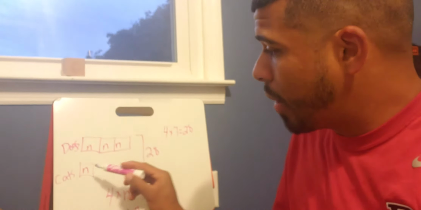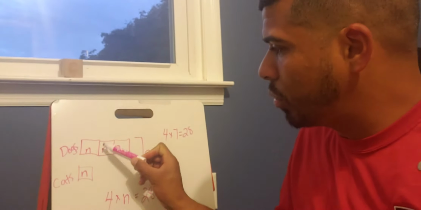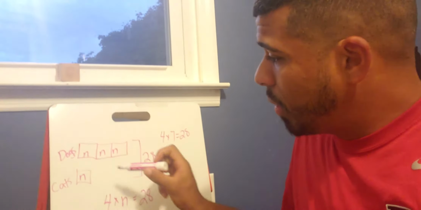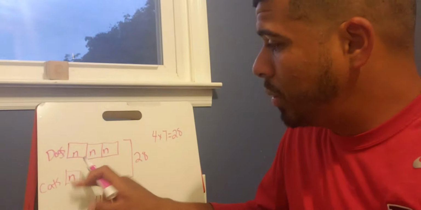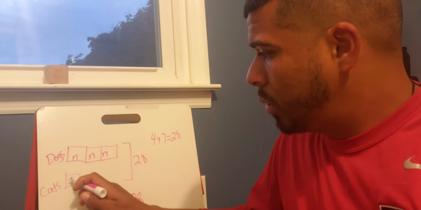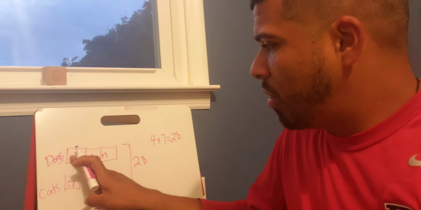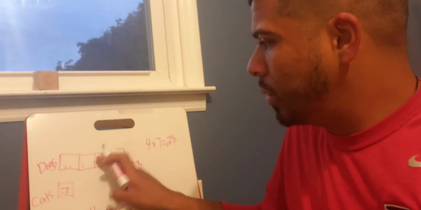And a reminder, I have 4 of these boxes, 1, 2, 3, 4. Each of these boxes represents, now I know, 7. Each of these boxes is going to equal 7.